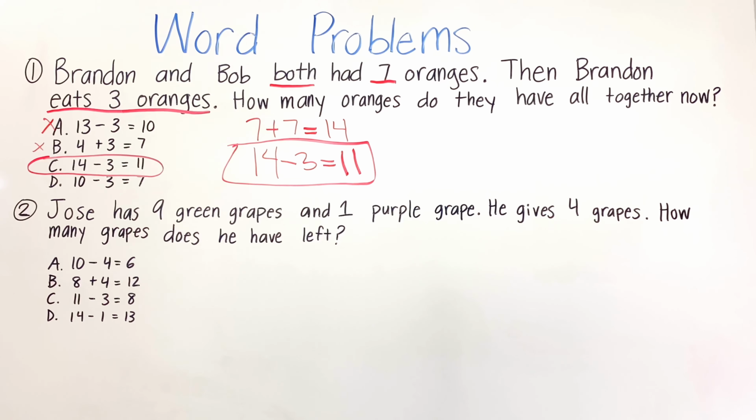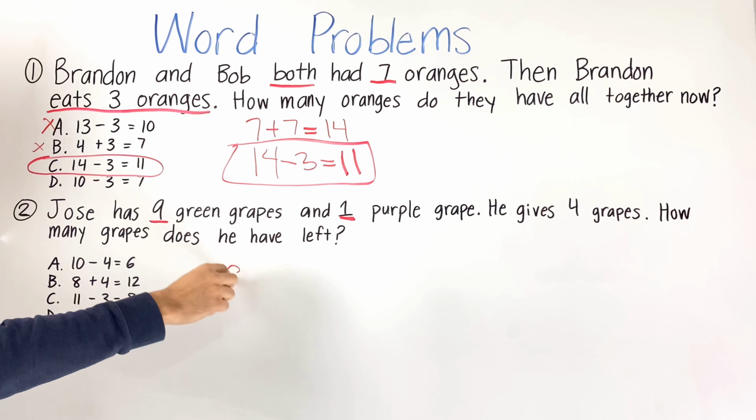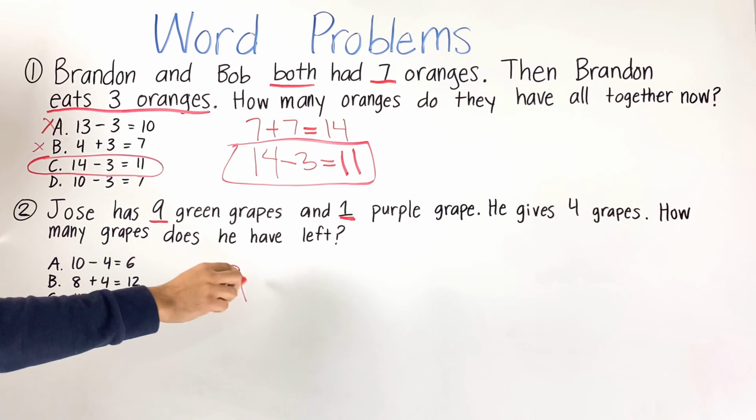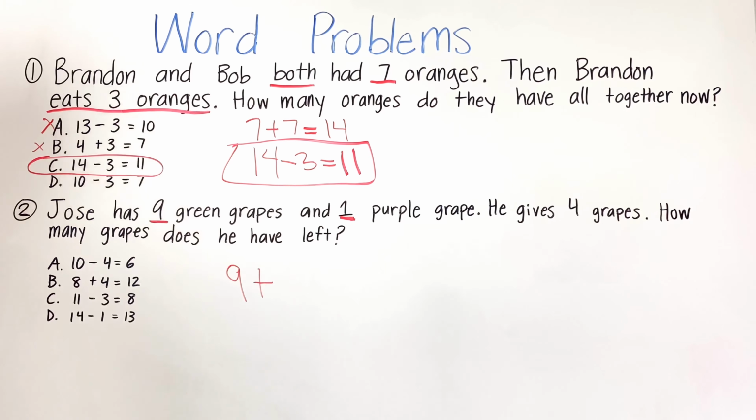So now we have 9 plus 1 equals 10. Okay. Now on the right-hand side he says he gives 4 grapes. So we have 10 grapes in total now, right?